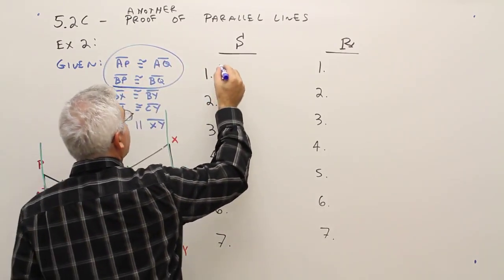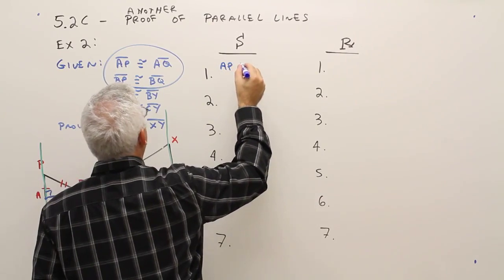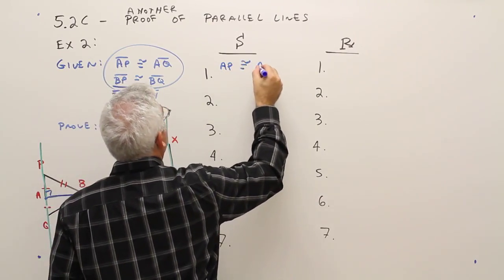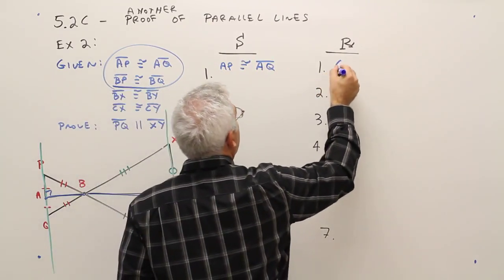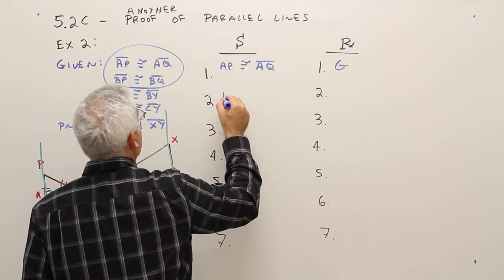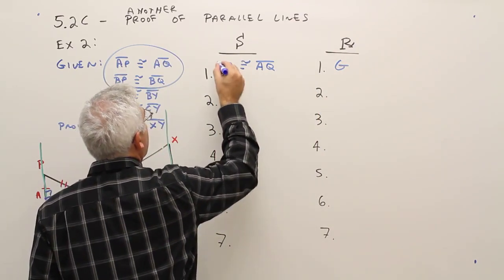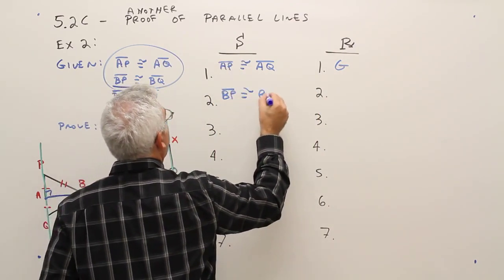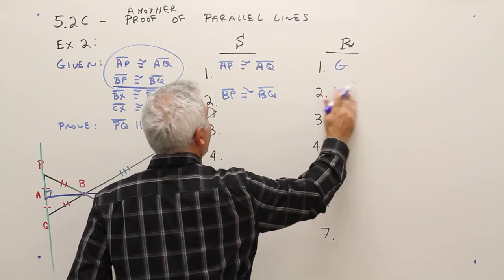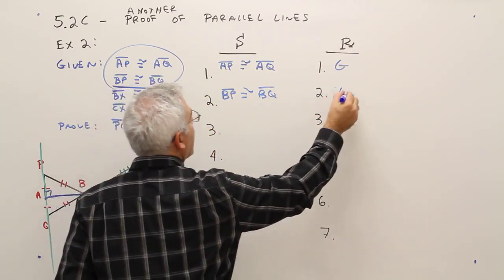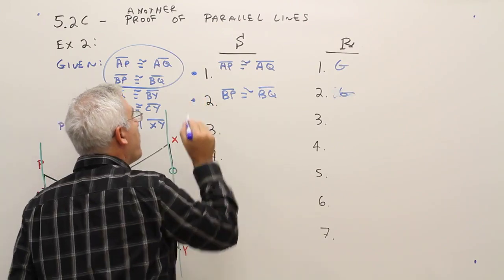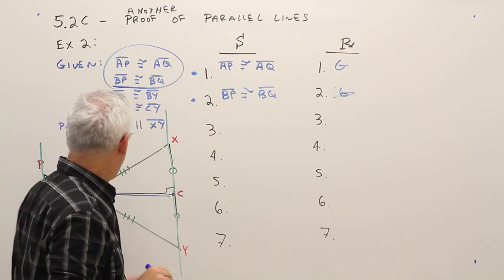So I'll say AP is congruent to AQ, given. BP is congruent to BQ, given. So those were my two equidistant points.